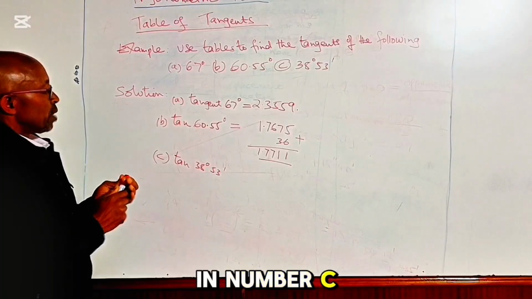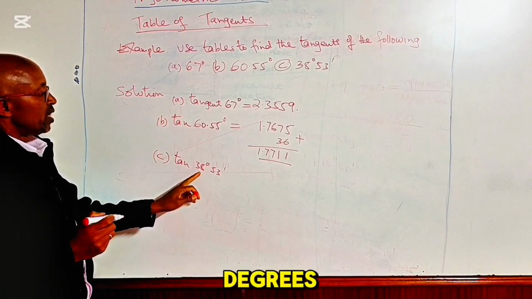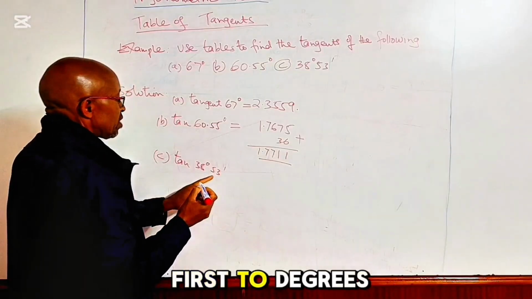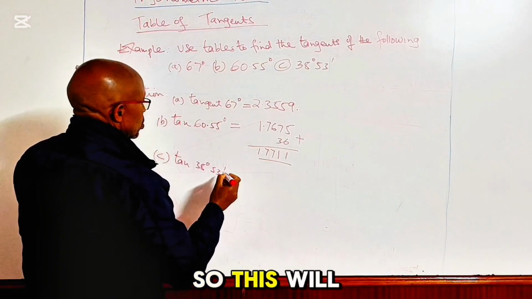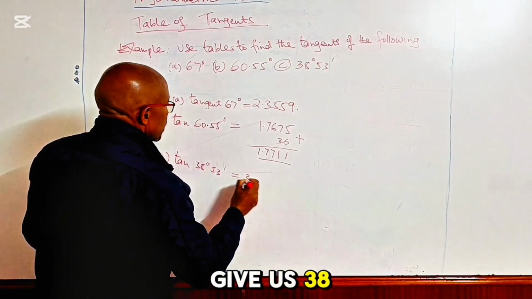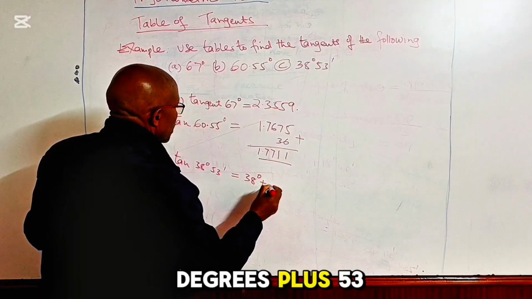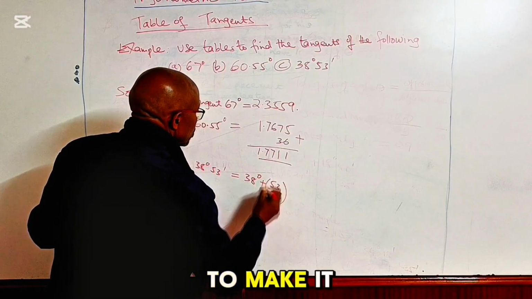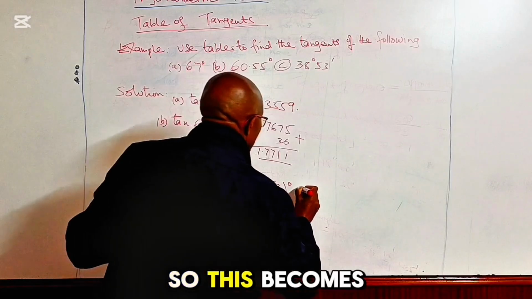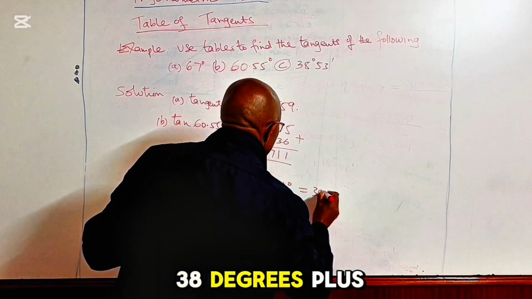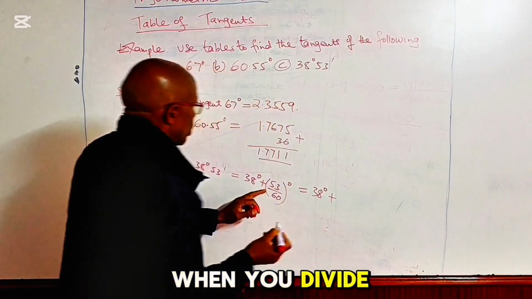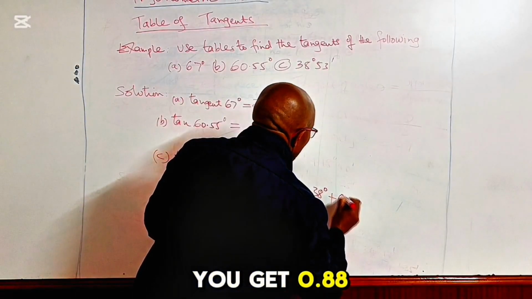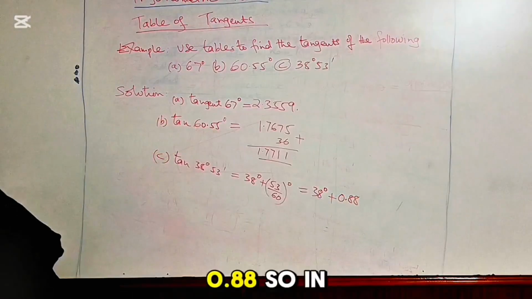In number C, we are asked to find the tangent of 38 degrees, 53 minutes. So we convert minutes first to degrees. This will give us 38 degrees plus 53 divided by 60 to make it degrees. When you divide 53 by 60, you get 0.88.